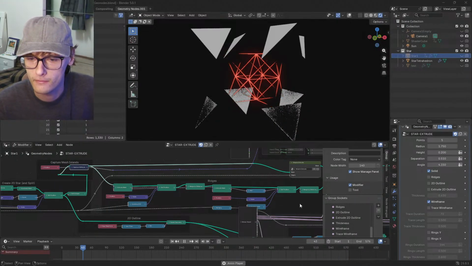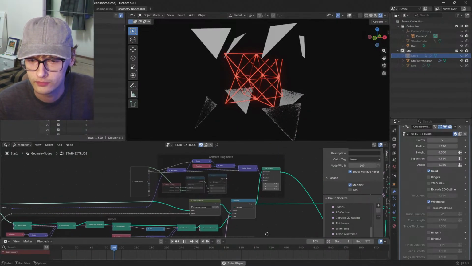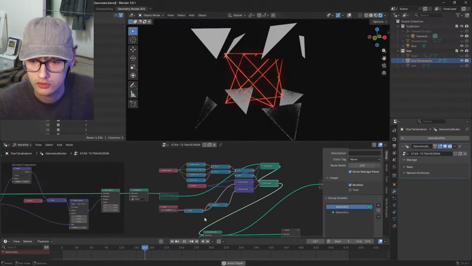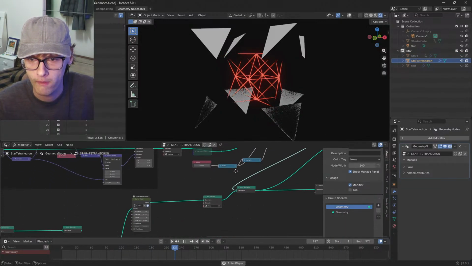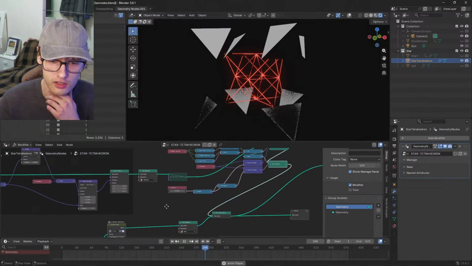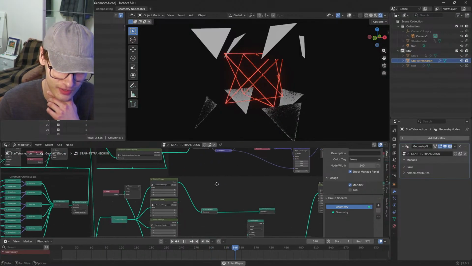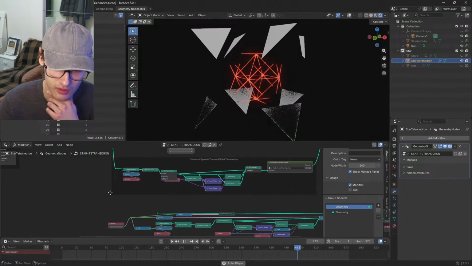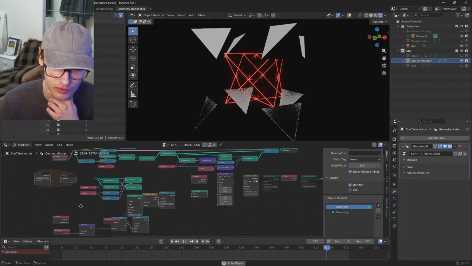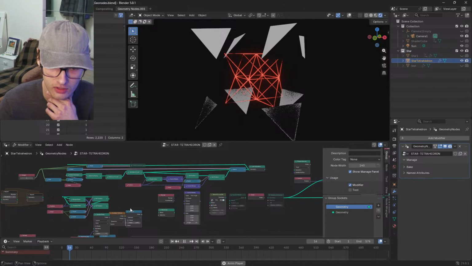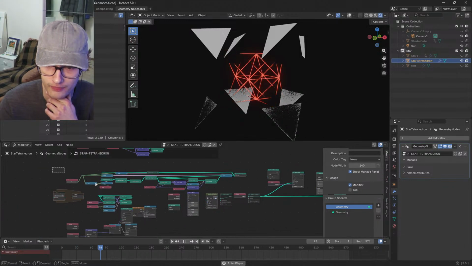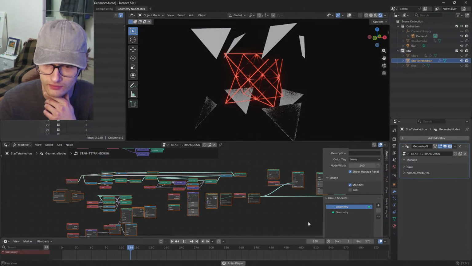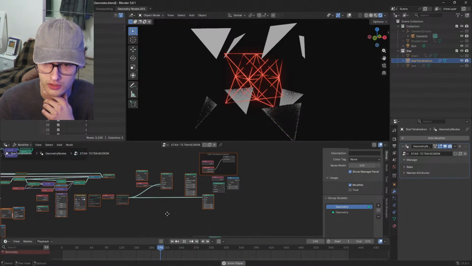But where I left off here, this here, it looks very complicated, and that's because it probably is. I've really overworked this. I've messed around with a bunch of nodes. These all right here don't mean anything because I was kind of experimenting.